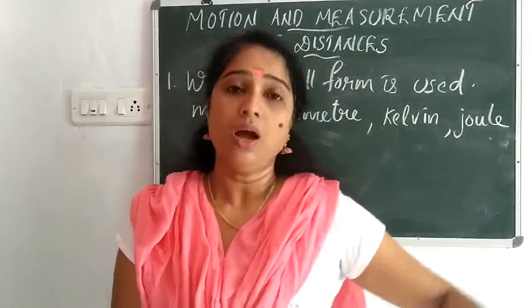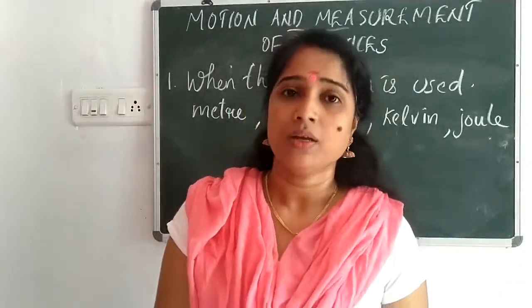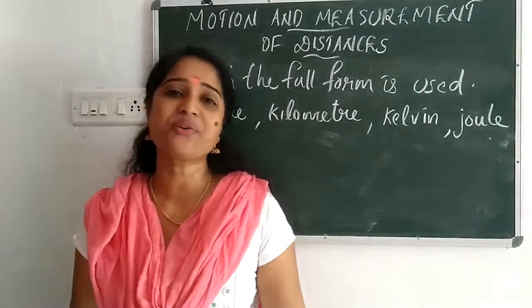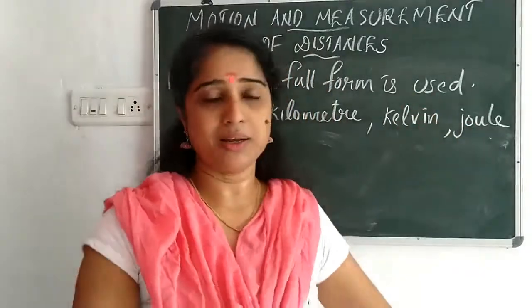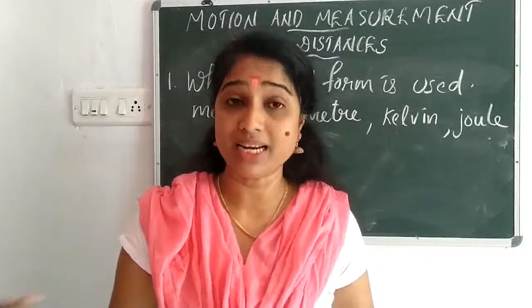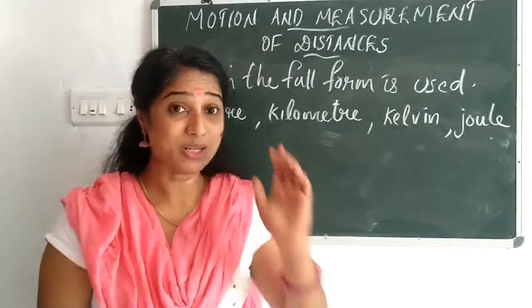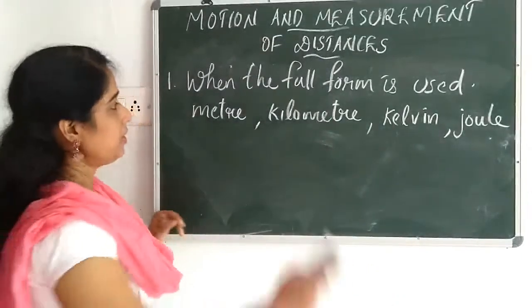Capital letter. Even though it is named after a scientist, when writing the full form, all are written in what? Small letters. See, Kelvin ആണെങ്കിലും Joule ആണെങ്കിലും no exception. If you are writing the full form, it should be written in small letters. Clear? Next we can move on to the third rule.